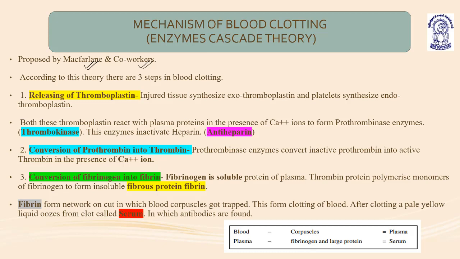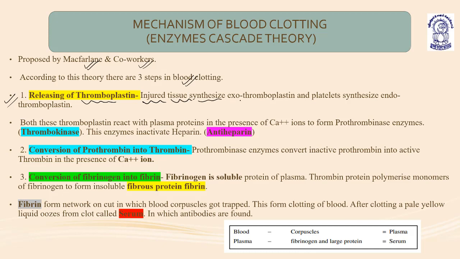According to this theory, there are three steps in blood clotting. The very first step is release of thromboplastin. Thromboplastin is released basically because of the traumatic or injured tissue, the tissue which is injured.